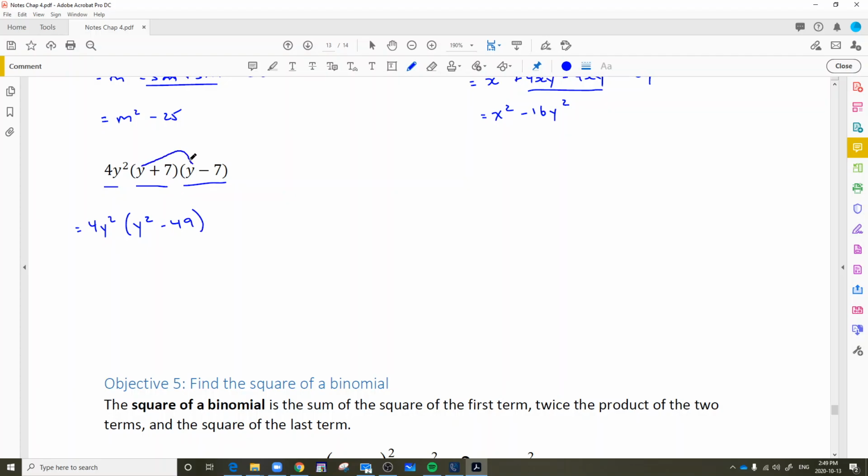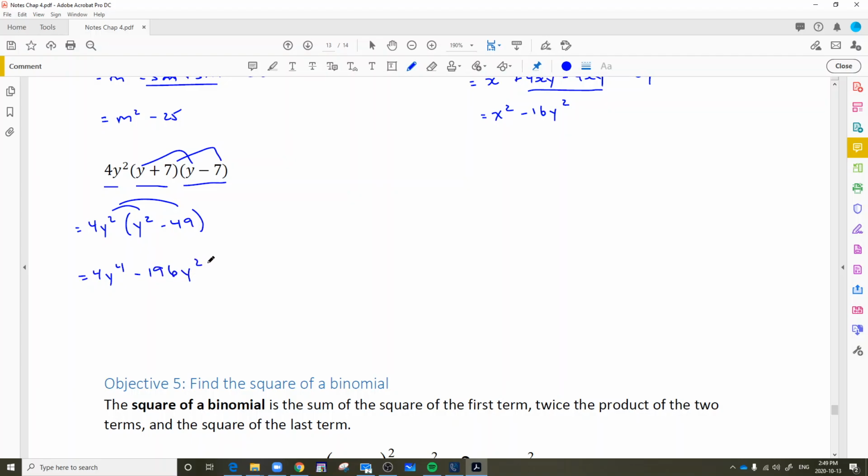So first and last, the outers and the inners cancel out, and then you're going to multiply the 4y squared through. So you end up with 4y to the 4 minus, what is 4 times 49? Quick in your head. What is it, 200, 196? Well, I'm guessing 196. 4 times 49, 196. So minus 196 y squared.